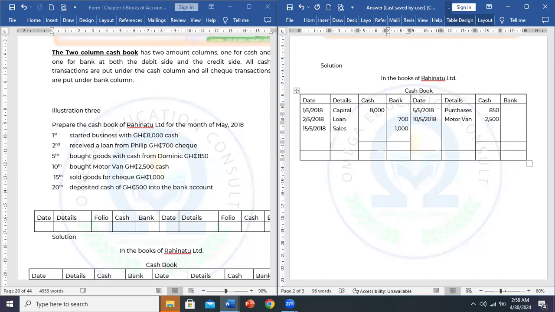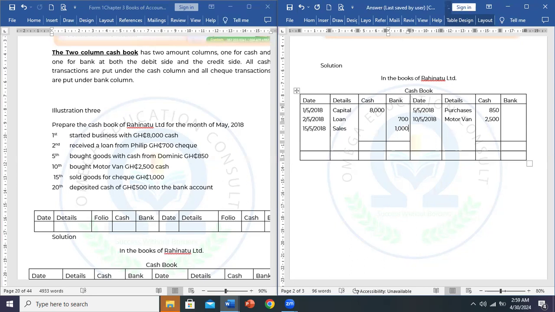Now the last transaction, please, I want us to do some analysis here. Deposited cash into bank. What are the receipts in this transaction, and do you also see any payment in there?